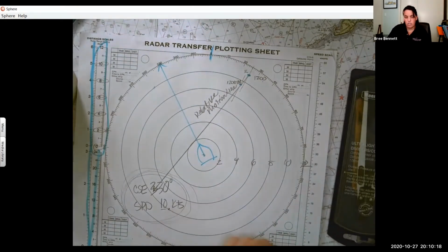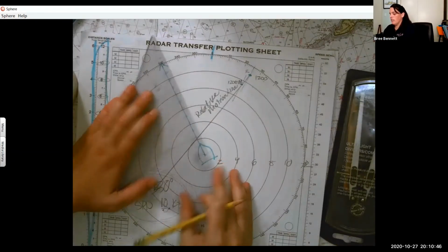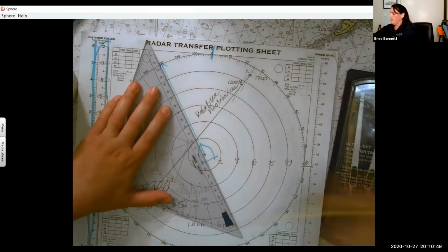So if this is 10 knots, I'm going to move my decimal 1 over, and I'm going to travel 1 nautical mile in 6 minutes at 10 knots. You can do the 60 D street to check my math there, but we're going 1 nautical mile in 6 minutes.